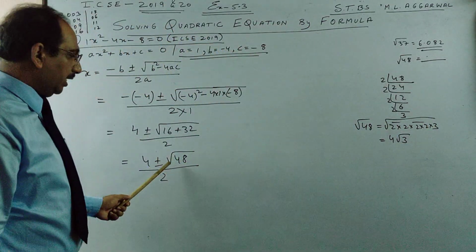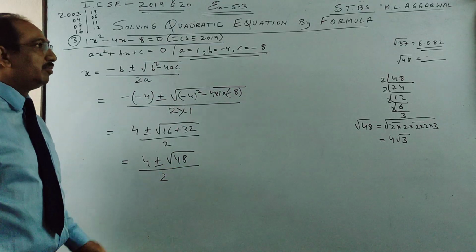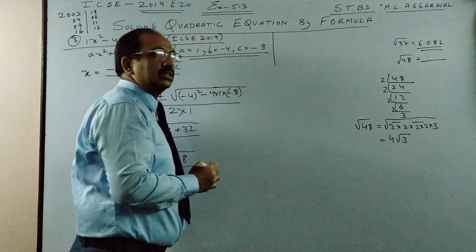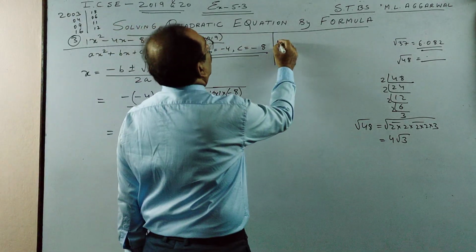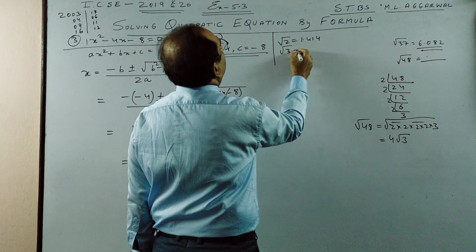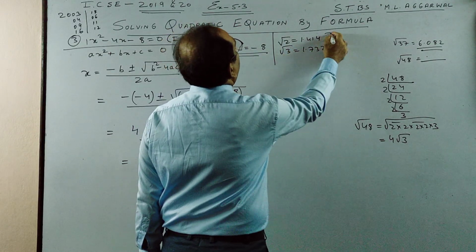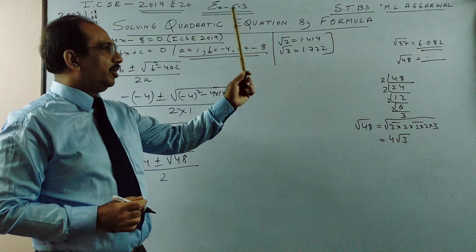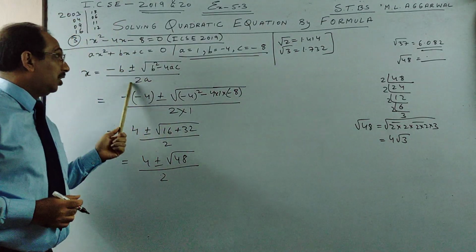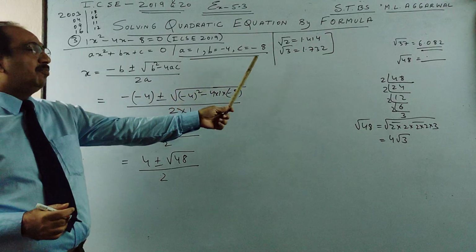Root over 48 is, this is the easier method, because remember two things, when you are doing class 10 in any board, root 2 is 1.414 and root 3 is 1.732. They are very important for trigonometry, for mensuration, for quadratic equation, and many places.